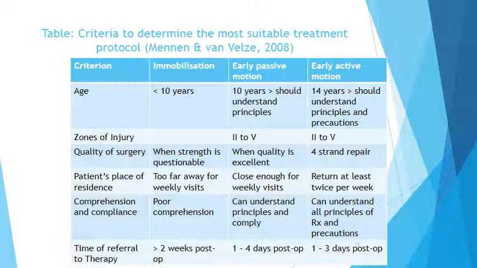Early passive motion. So what do we do there? Early passive motion is where you passively flex the fingers individually, one at a time, and they can actively extend up to the dorsal blocking splint. Then you can also include passive composite flexion and actively extend all the fingers up to the splint.